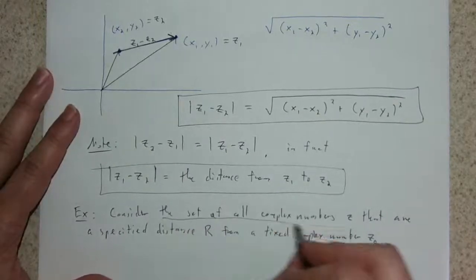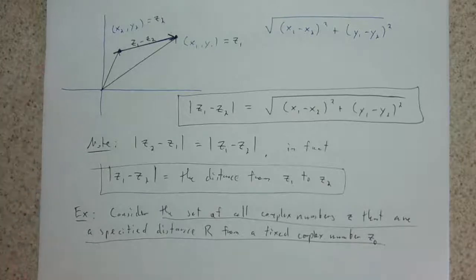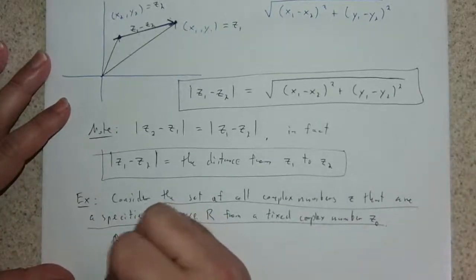So the set of all complex numbers z that are a specified distance r from a fixed complex number z naught. So question, what is such a set?